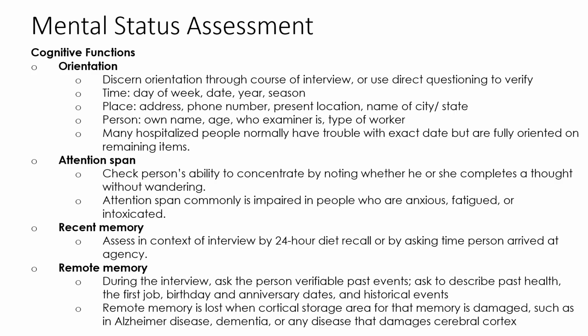Recent memory, you can ask them to do a 24-hour diet recall, asking them what they had for breakfast or lunch the previous day. Remote memory, you can ask the person information, but you need to make sure that you can verify this information. You can ask about past health, birthday, anniversary, special dates.